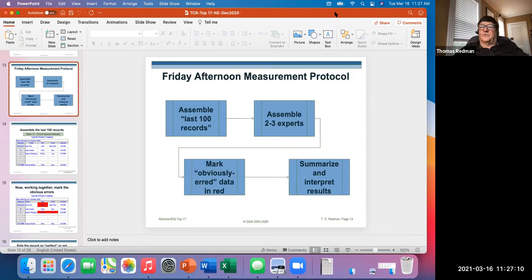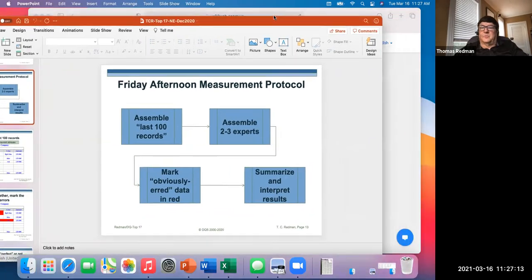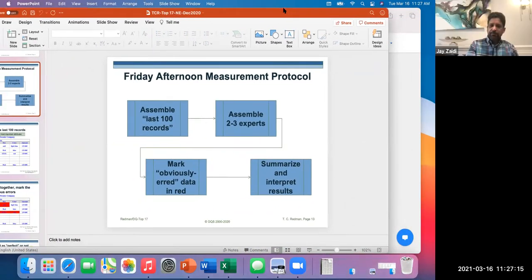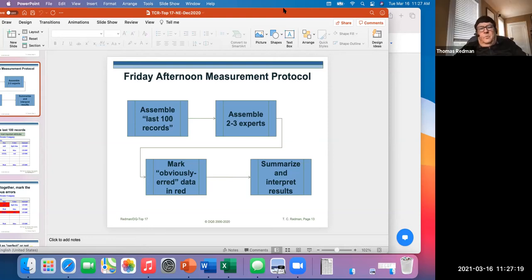All right. Do you see a slide called the Friday afternoon measurement protocol? Yes, sir. Okay. When I first started working on this, I didn't call it the Friday afternoon thing, but then somebody said they would do it on a Friday afternoon rather than going for drinks. And so it got the name, the Friday afternoon measurement.